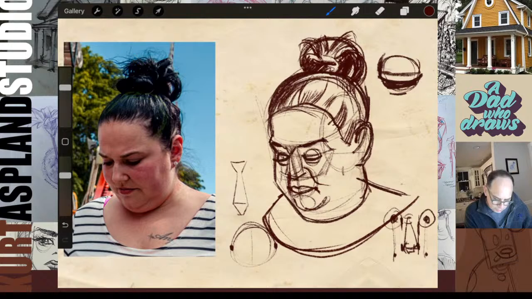All right, let's get some of this ear here. Let's look at this ear for a second. This is interesting. So there's the outer shape of her ear. This piece is coming around like this. And when I'm drawing the ear, I'm always looking for what they call the Y of the ear.